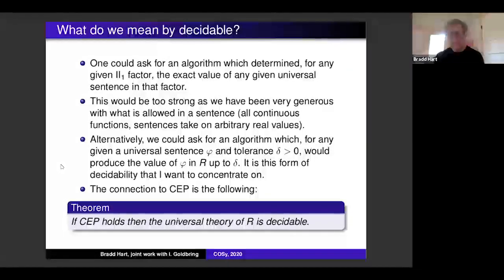Okay, so as we said, CEP is equivalent to knowing that all the universal theories of II_1 factors are the same, okay? I also told you earlier that we know an explicit axiomatization of the theory of II_1 factors, all right? Now, I didn't say, but it's probably not too surprising to learn that continuous logic has a proof system.